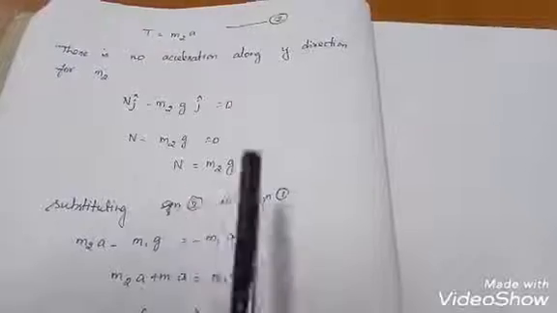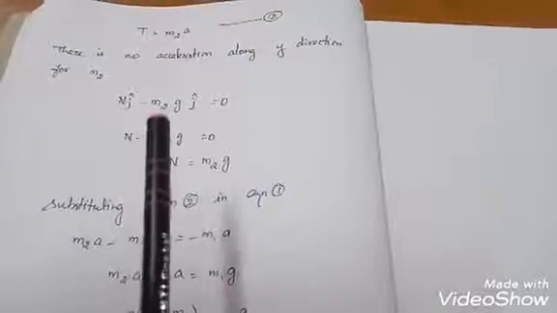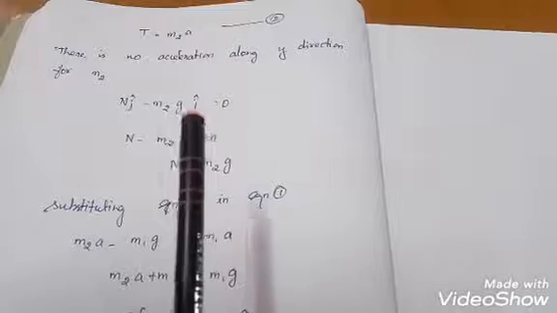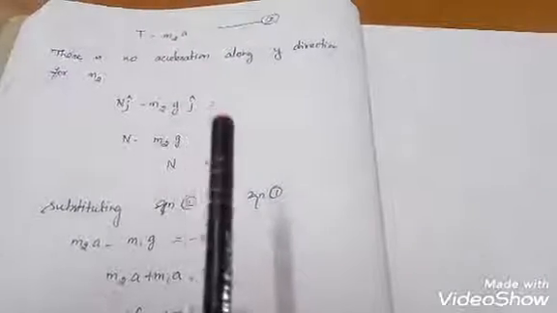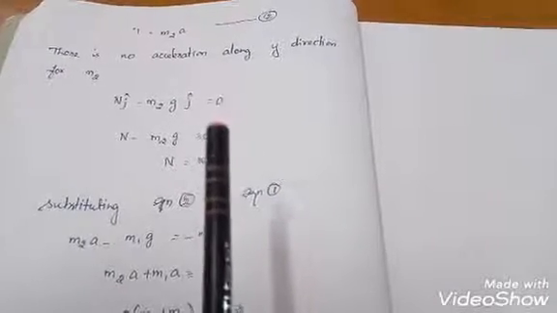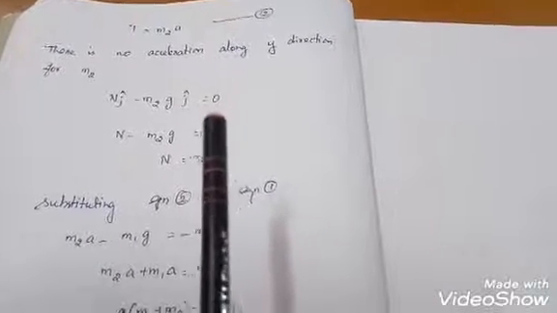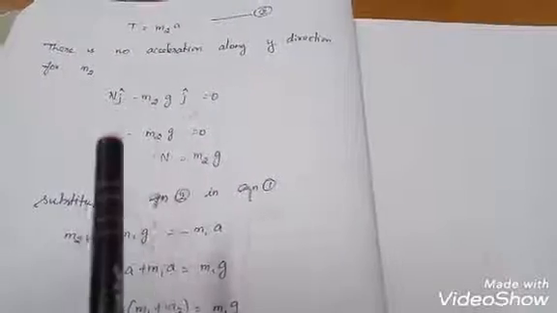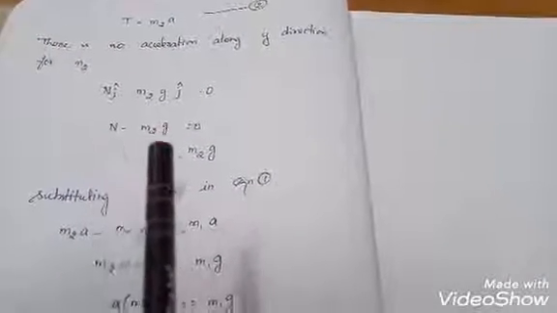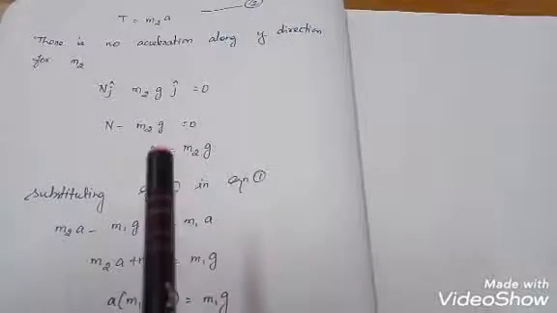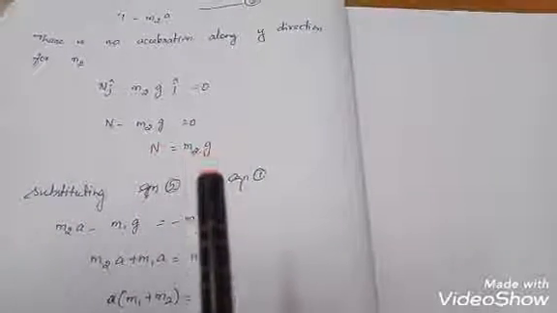Now we find the normal force, that is Nj minus m2g j cap equals 0. Here there is no acceleration, so we substitute the value 0. So we neglect the component, and N minus m2g equals 0. The normal force is m2g.